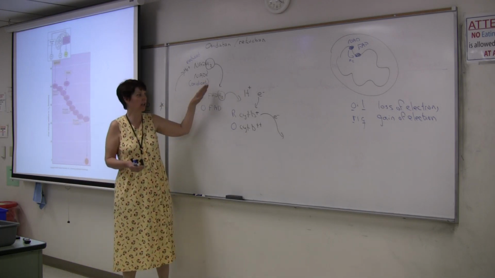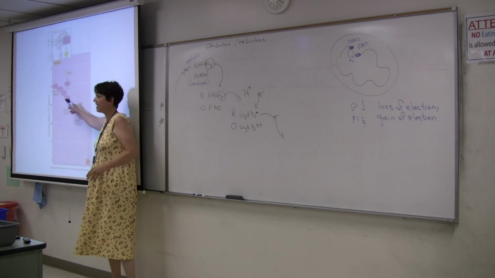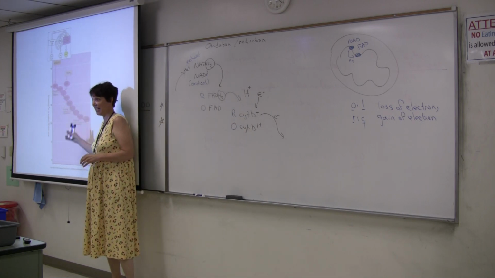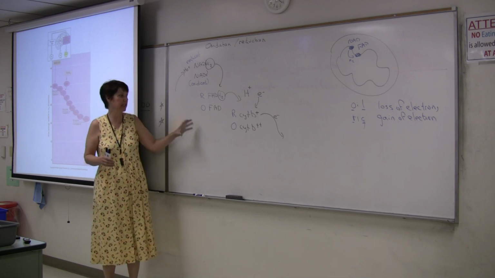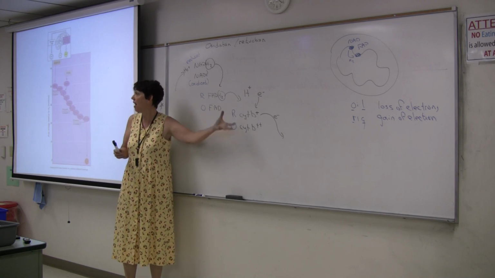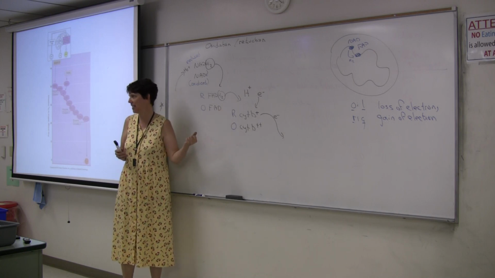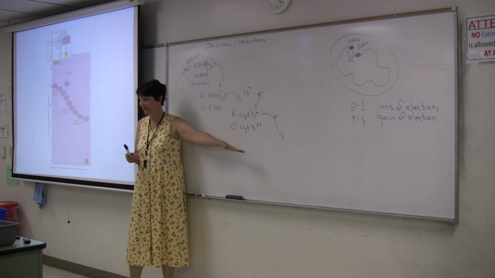So each of these molecules along the membrane has a greater affinity for the electron. But it doesn't need to use as much energy to hold on, or money, to hold on to that electron, all right? So the decreasing levels are showing the energy levels.